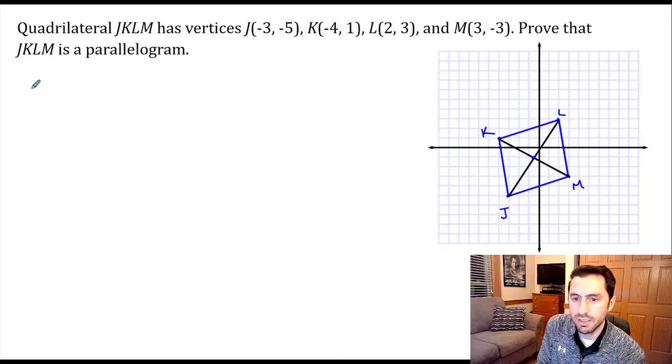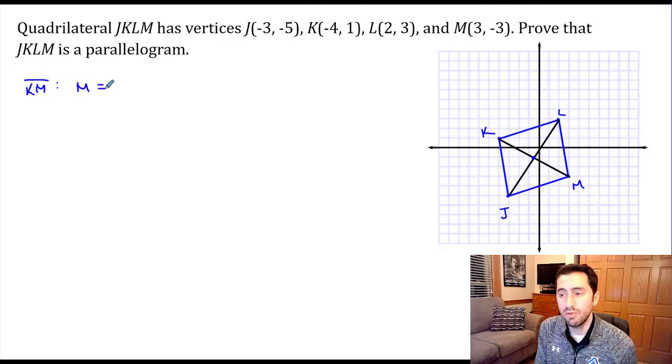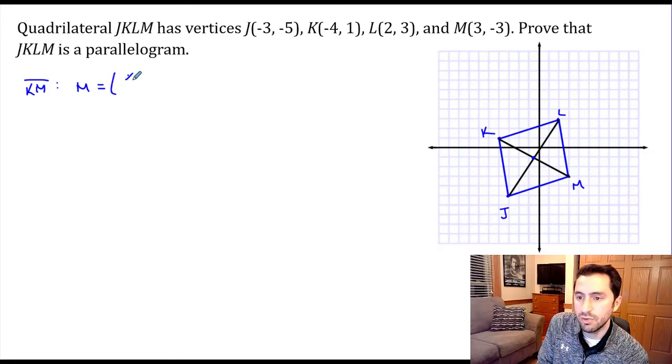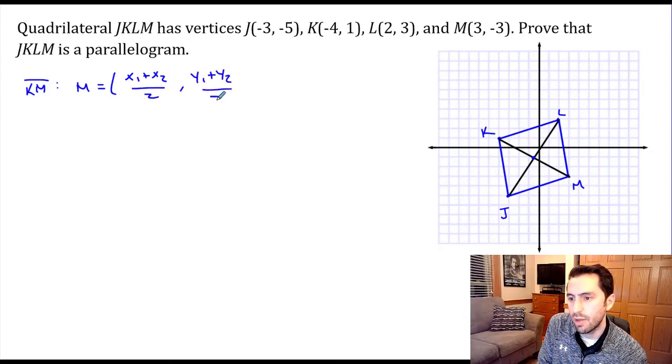So let's take a look at the diagonal KM, and let's find the midpoint for this. So the midpoint, remember, it's the average of the x values and the average of the y values. So we add the two x values together, divide by 2, and we add the two y values together and divide by 2. So for KM, we have -4 plus 3 over 2.